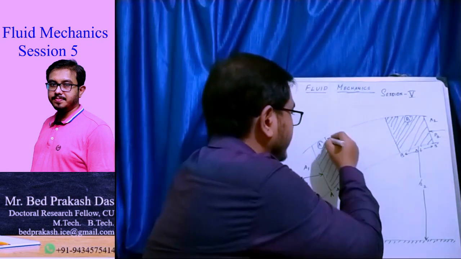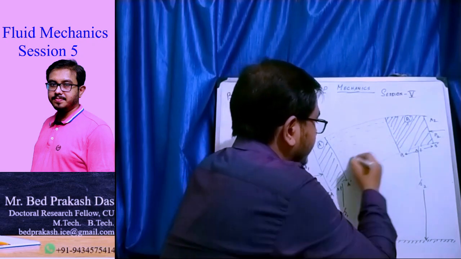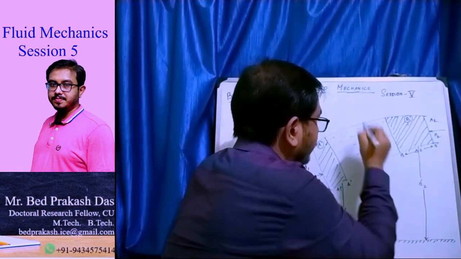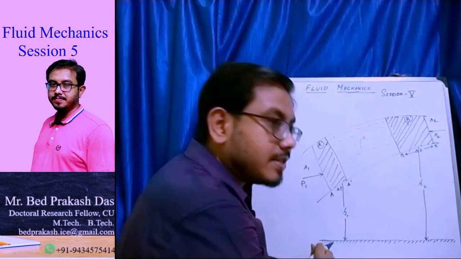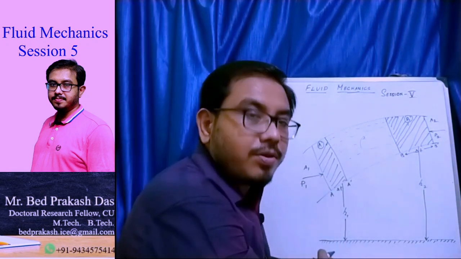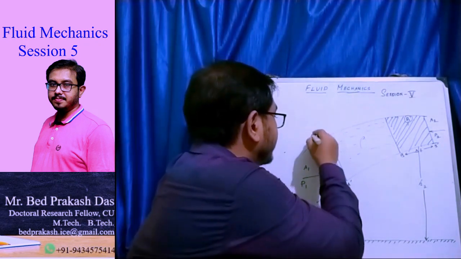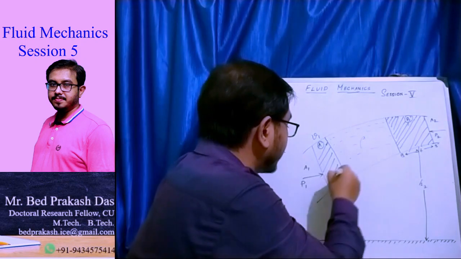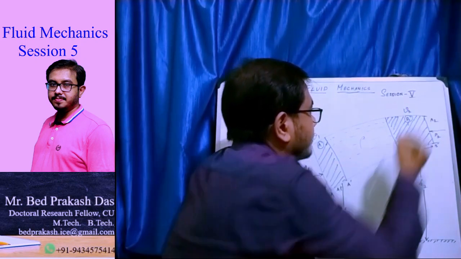We are considering this incompressible fluid to have density rho. Since the fluid is flowing with a steady flow, we are considering that it has uniform velocity v1 on this side and uniform velocity v2 on this side.